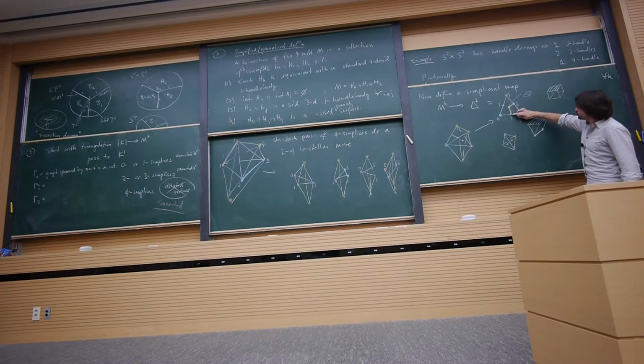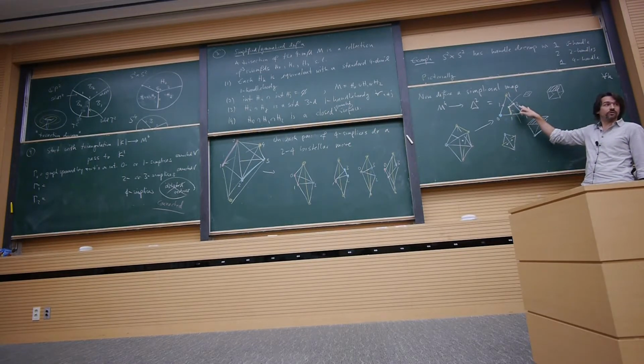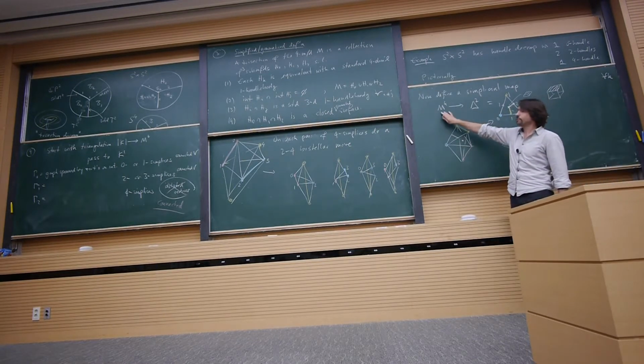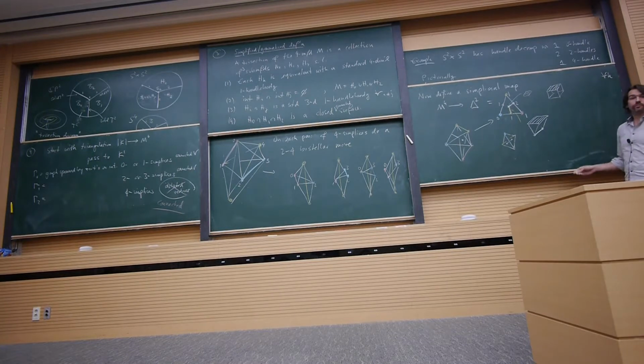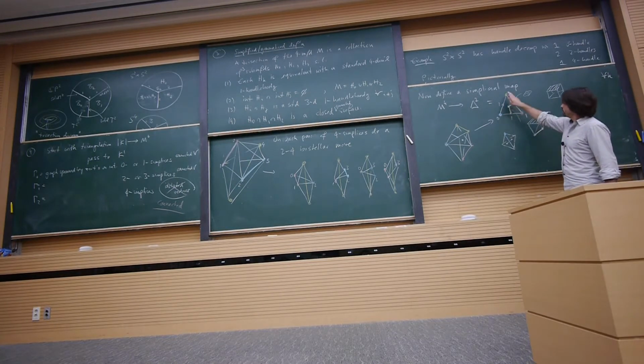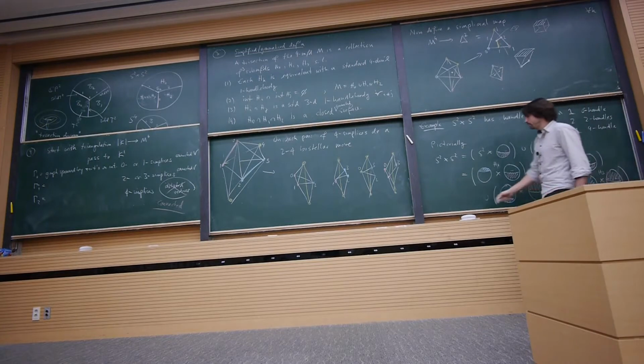If you now think about this cube here, then you see under this map, this is just a regular neighborhood of this graph in M4. And because it is a regular neighborhood of a graph, we know that this is a 1-handlebody. So each of these top-dimensional cubes pulls back to a 1-handlebody.